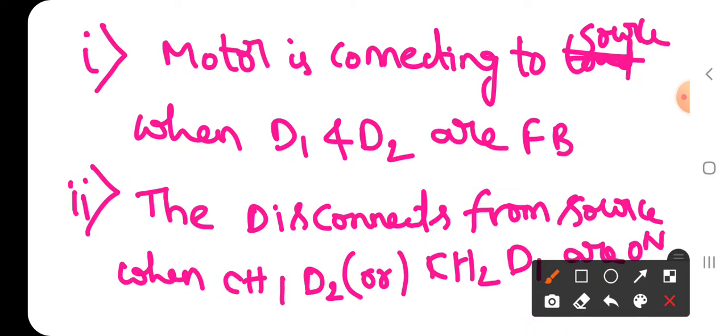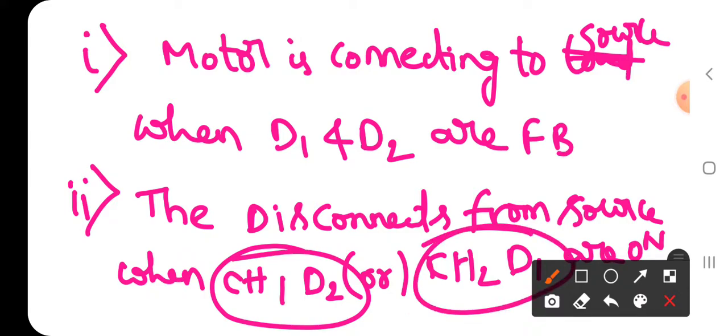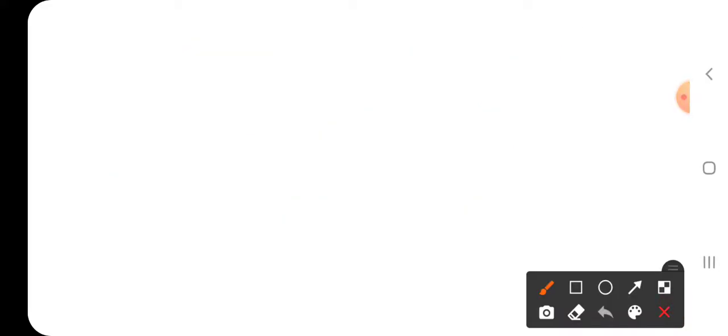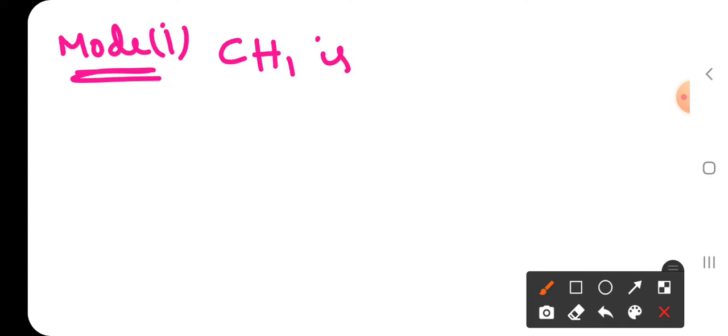First, which switch can you turn on? Let us assume chopper 1 is turned on. When chopper 1 is turned on, alternatively diode D2 is forward biased. When chopper 2 is turned on, then D1. Now mode 1: CH1 is on, then D2 will be forward biased.